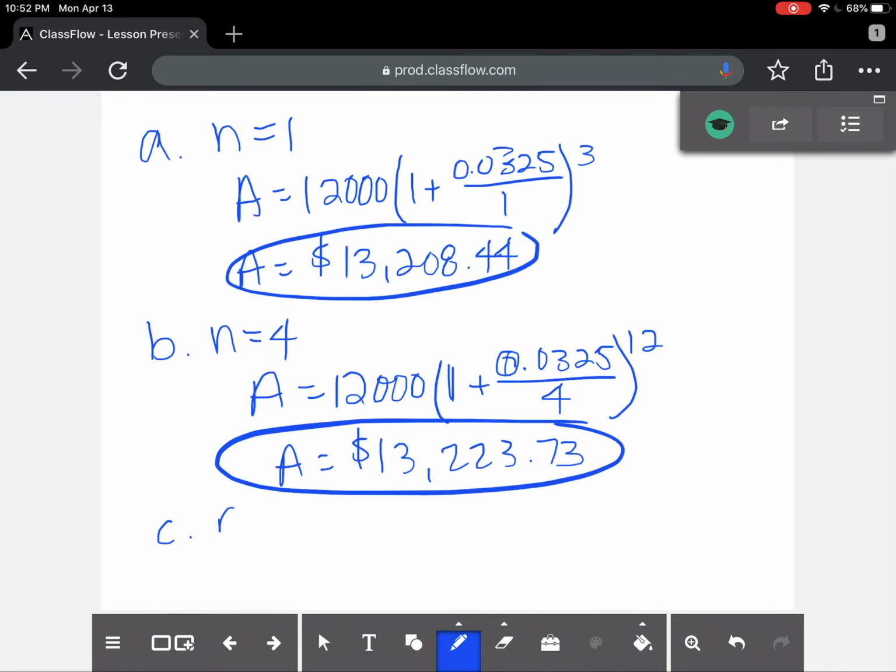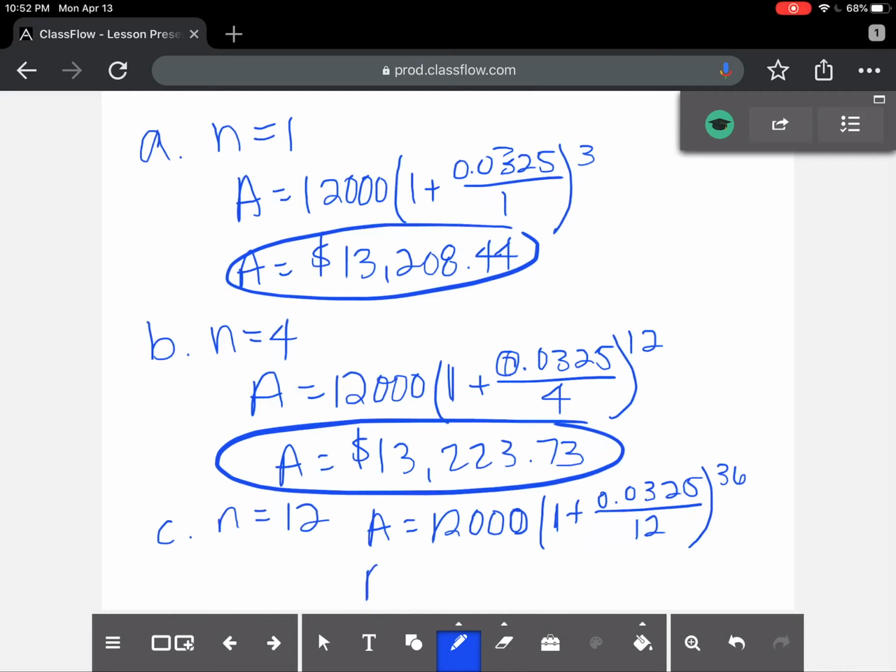Compounded monthly, that is if N is equal to 12 months in a year. Okay, so your A will equal 12,000 times 1 plus 0.0325 over 12 this time, raised to the 12 times 3 power, which is 36.